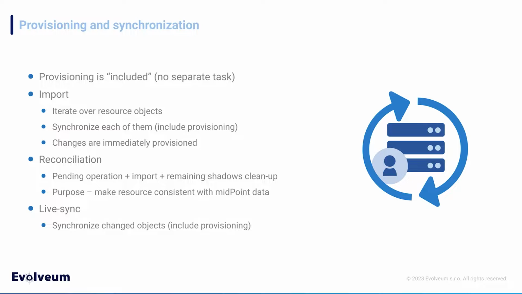There is no separate provisioning task, with one exception, which I will explain later. So for example, if I edit a user in MidPoint and change the email address of the user, when I click save, the operation is immediately executed, including all provisioning where this new email should be provisioned.